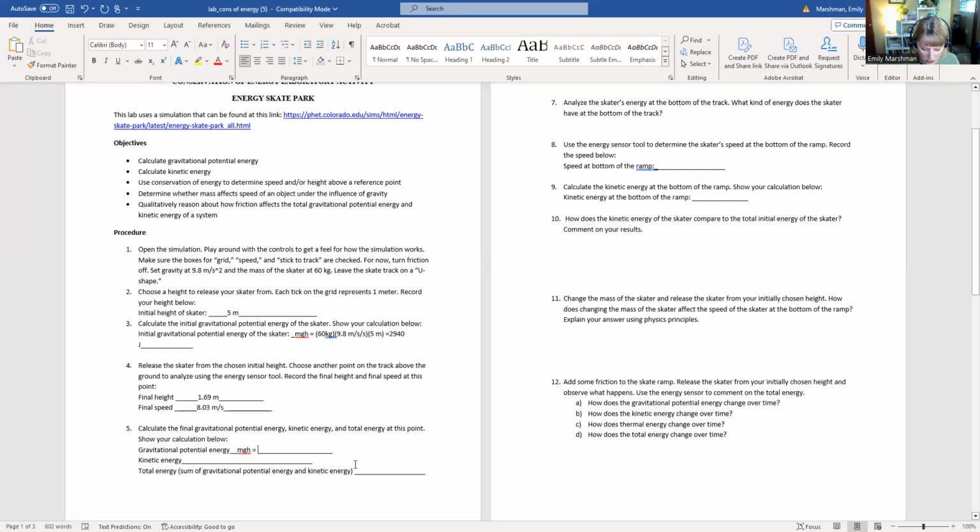So now she only has 993.7 joules of gravitational potential energy. Makes sense. She's lost some gravitational potential energy, but she has gained kinetic energy, right?